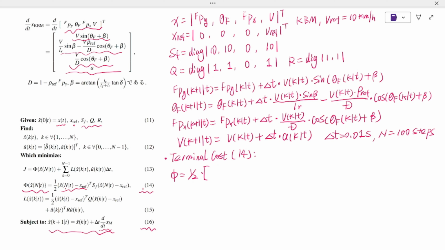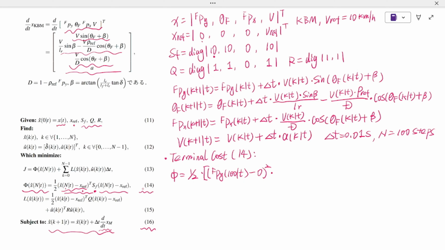The n is 100, so FPY 100 given t minus FPY reference, which is 0, square. This square term is the result of multiplying the transpose of the matrix by the matrix itself. Then times the weight of SF.